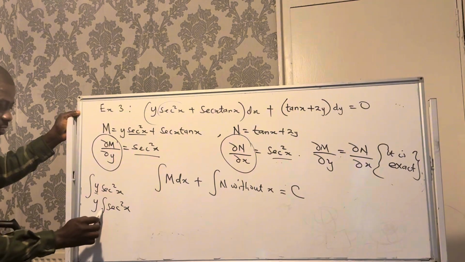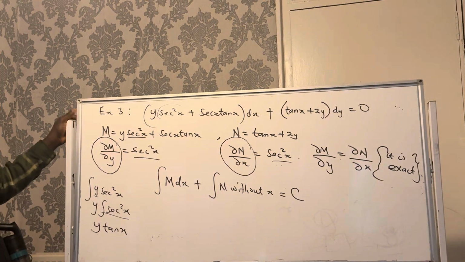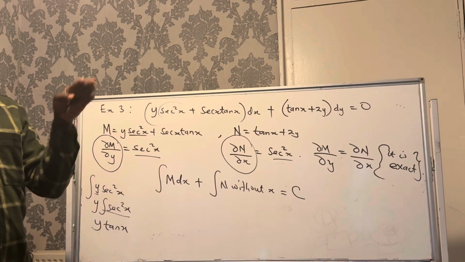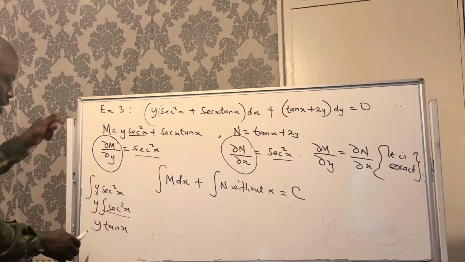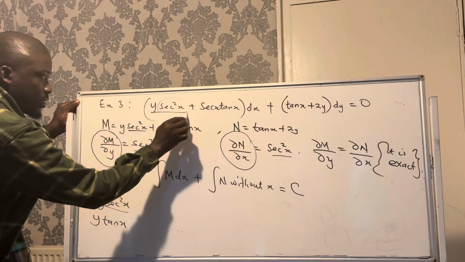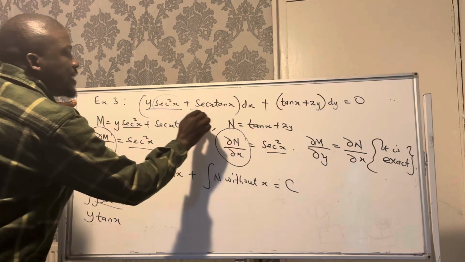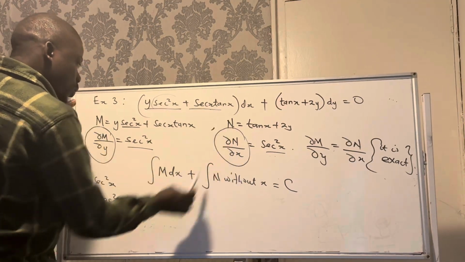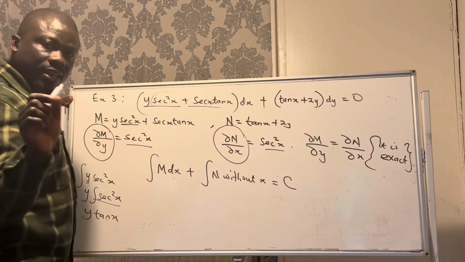So if we integrate sec square s, you have what? Tan s. Don't forget that integration is the opposite of differentiation. So you have y tan s for this. So y tan s plus, now let's integrate this with respect to s. Now if we integrate sec s tan s, we have sec s.